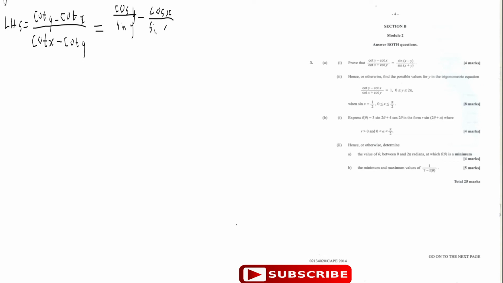And all of this is being divided by cot x, which is really cos x over sine x, minus cos y over sine y.